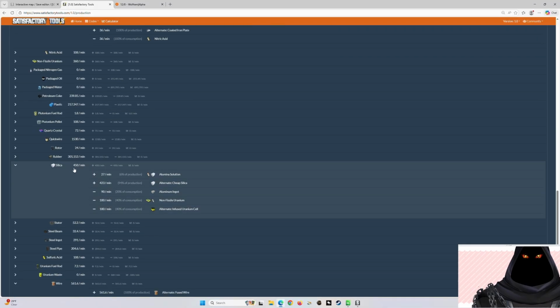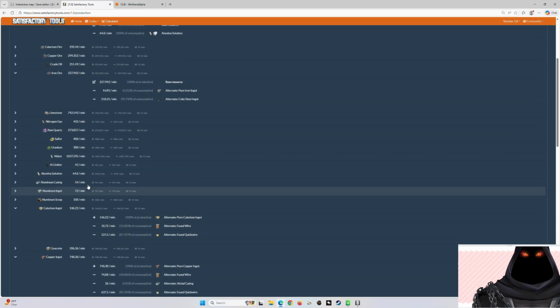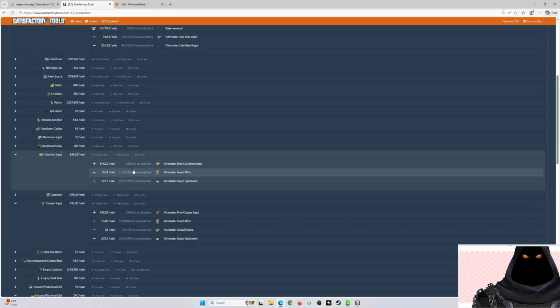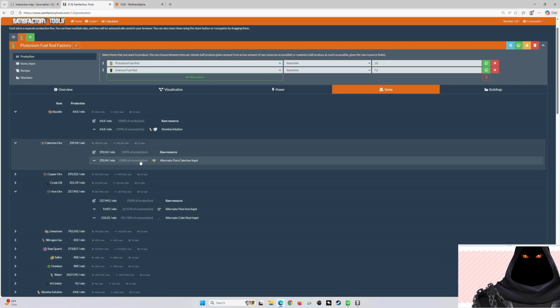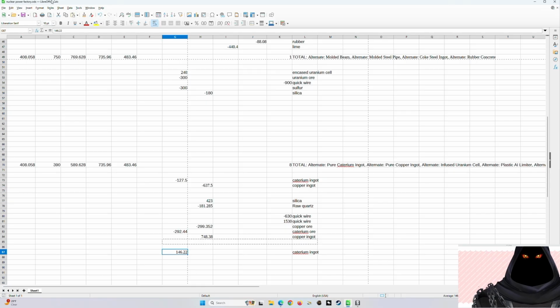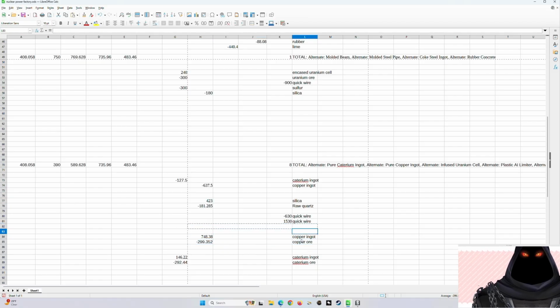Okay, that's not right. Oh wait, never mind. That is right. So those group up together, then we have copper ingot. Okay, perfect.